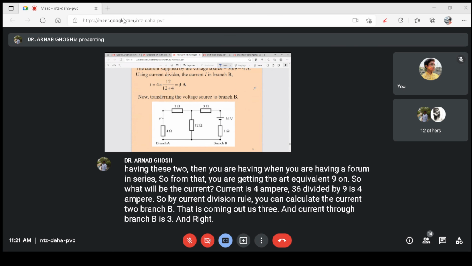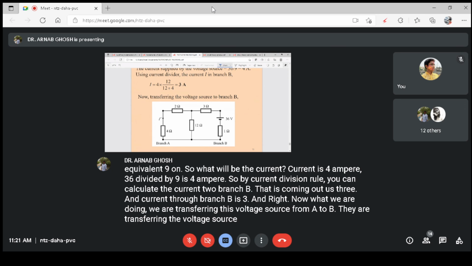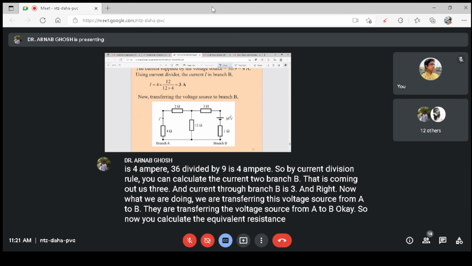Right? Now what we are doing, we are transferring this voltage source from A to B. Okay? So now you calculate the equivalent resistance from this end.